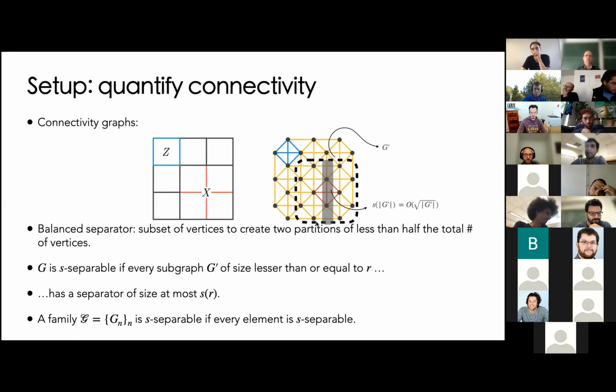So it has a separator of roughly the square root of the number of vertices that you consider. Does that help? Yeah, thanks.